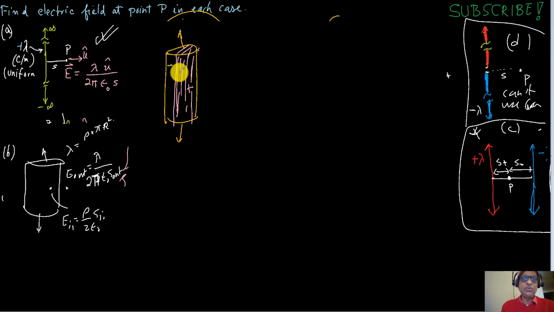Then you can't use that argument. Then you can't say that the electric field at point P1 is the same as the electric field at point 2. You can't say this, okay?